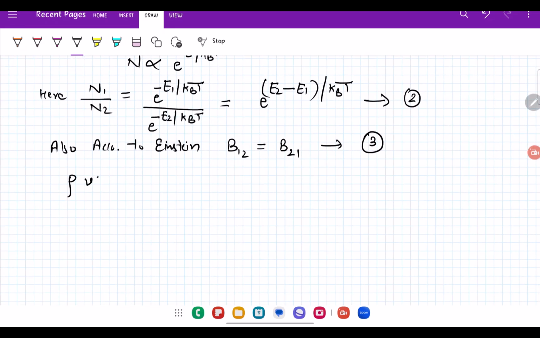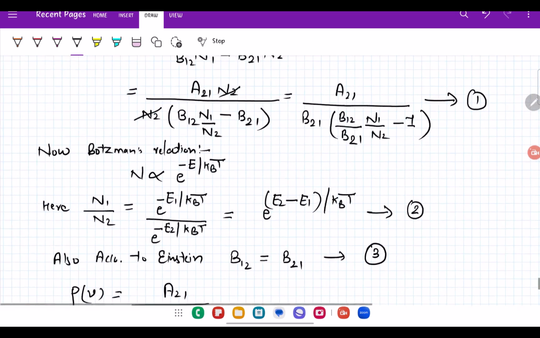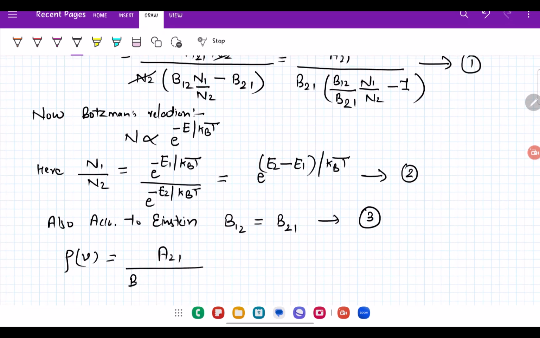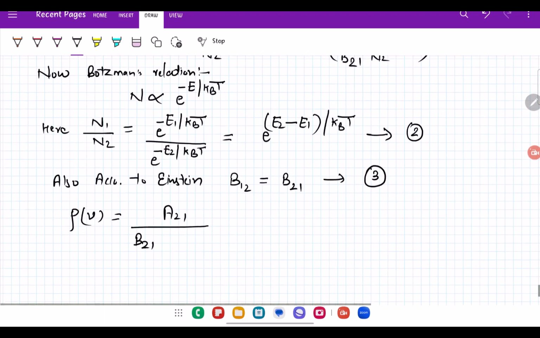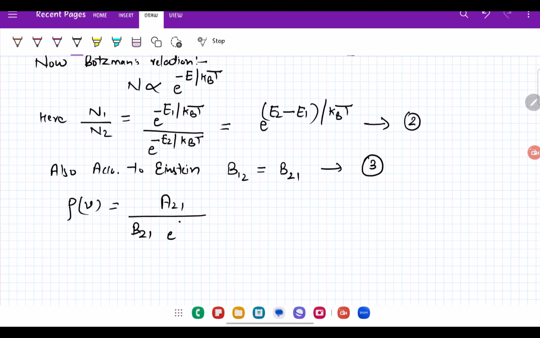That is, the energy density is equal to A21 over B21, and this B12 over B21 will be equal to 1, and N1 over N2 we are going to write from equation number 2, that is, exponential of E2 minus E1 over kBT, minus 1, right?